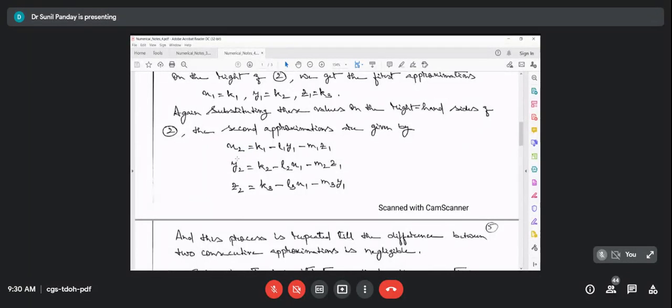If you want to know what x3, y3, z3 are, you replace here y2, z2, x2, z2, x1, x2, z2, and substitute the values, and you get the next updated values.